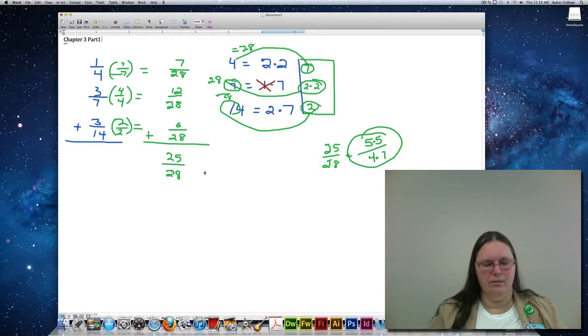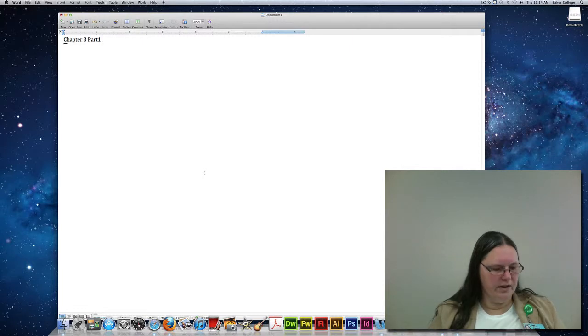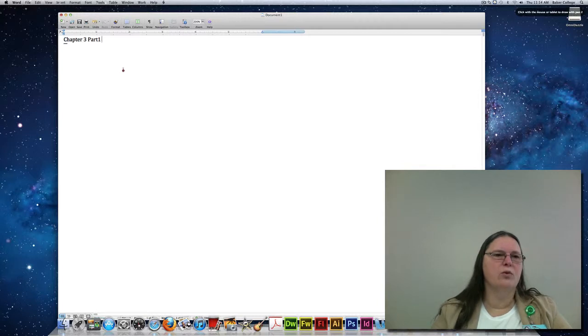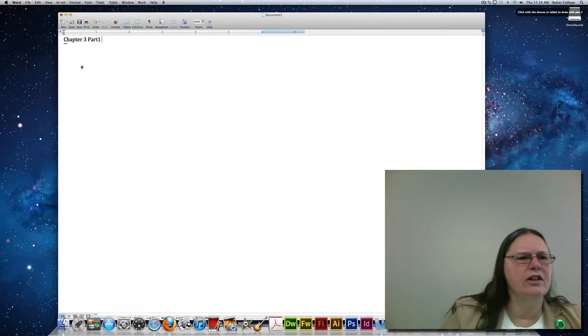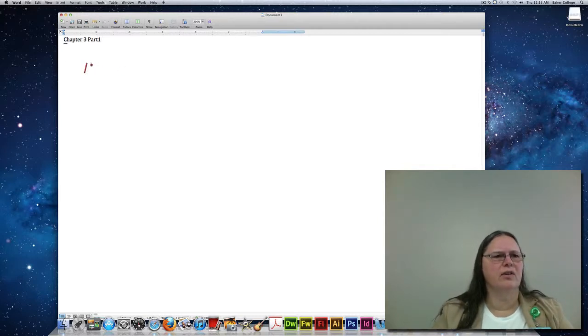Our next step is going to be looking at another subtraction problem. And in this case, let's look at one where we have to borrow, because this is usually the thing that upsets students the most, because they don't understand how to borrow for a subtraction problem.